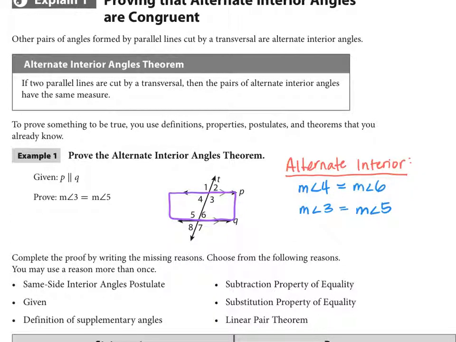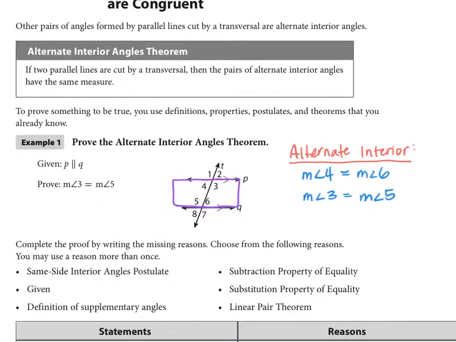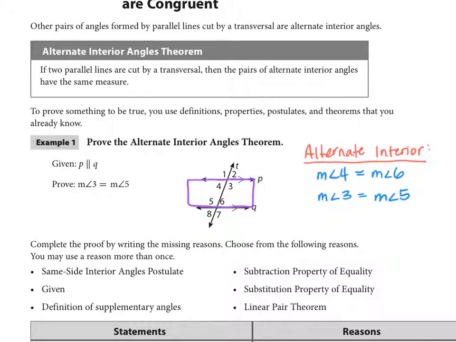Let's go ahead and prove this theorem is actually true. When we prove a theorem written like an if-then statement, as I mentioned in another lesson, the if part of the statement is your given, and the prove is the then part: pairs of alternate interior angles will have the same measure.